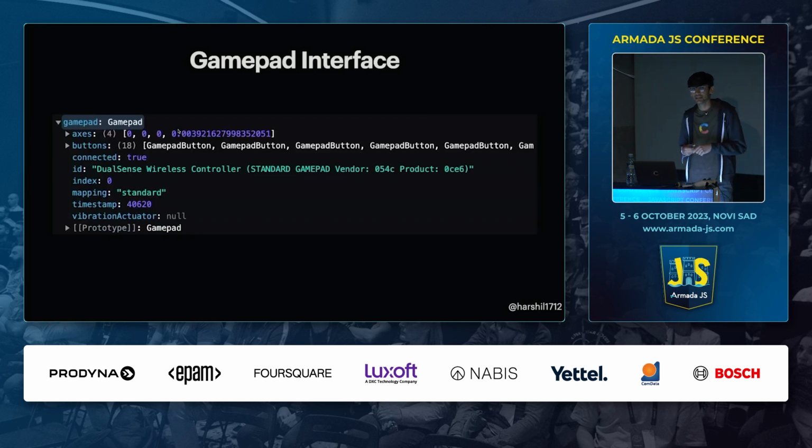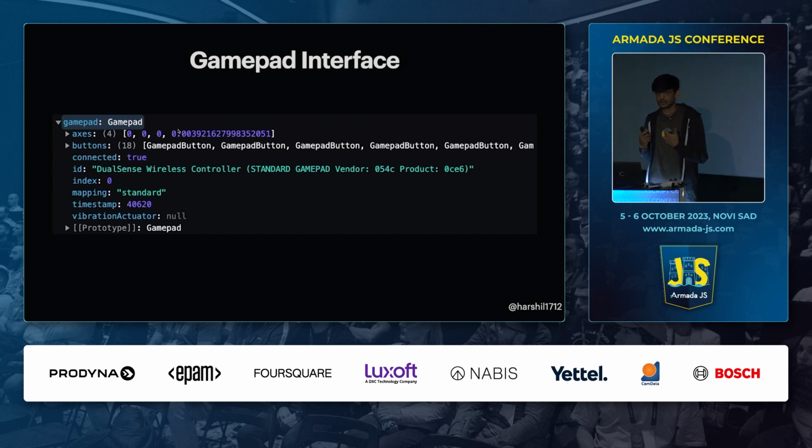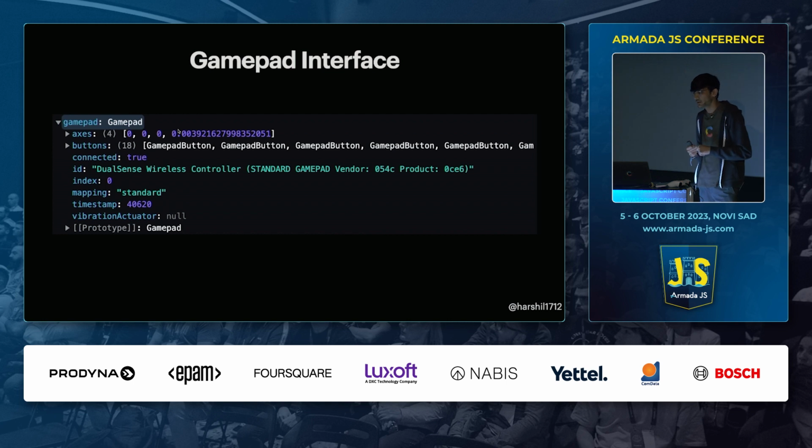What the Gamepad API gives you is this wonderful interface. Once you connect your controller to your application, all that the user has to do is click on any of the buttons of your controller, and it automatically detects that gamepad. And then the Gamepad API would give you this interface, and based on what kind of controller it is, it might differ.